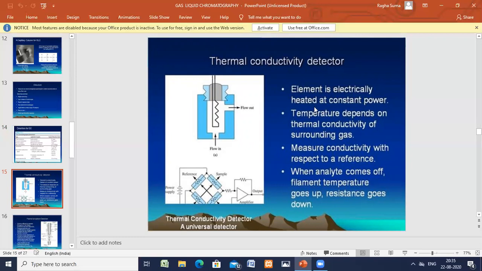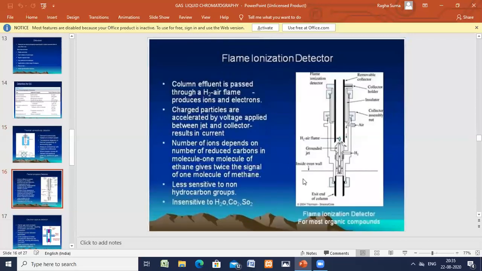The temperature depends upon the thermal conductivity of the surrounding gas. It measures the conductivity with respect to the reference. When any analyte comes off, the filament temperature goes up and the resistance goes down. In that way, the thermal conductivity detector functions.